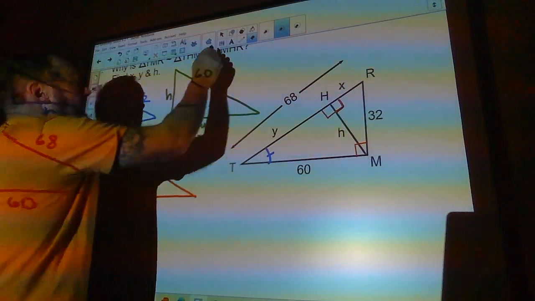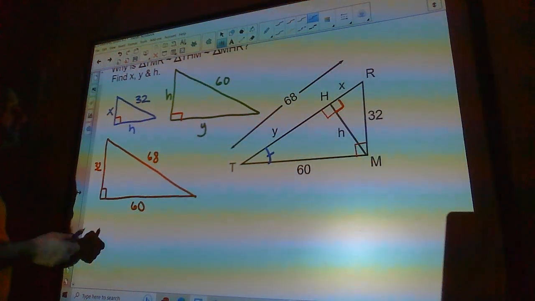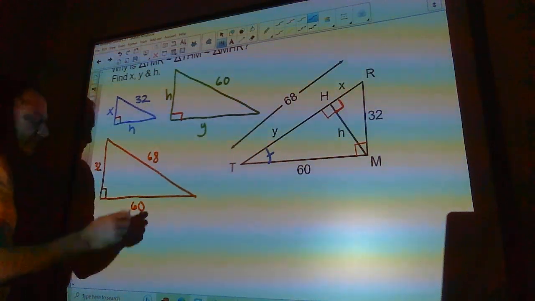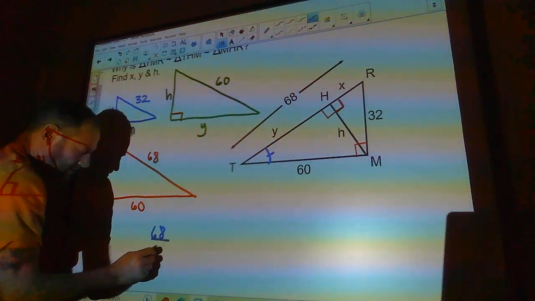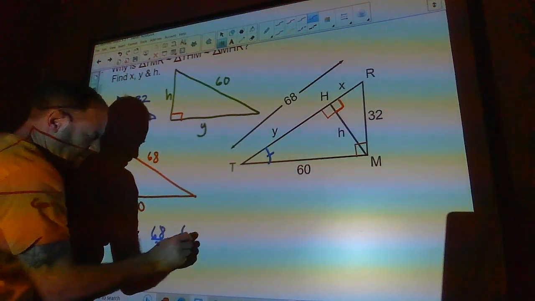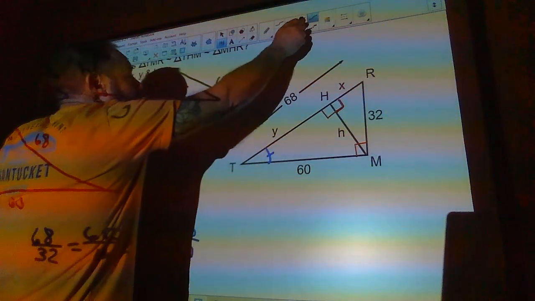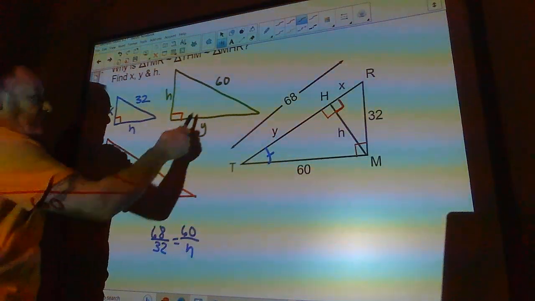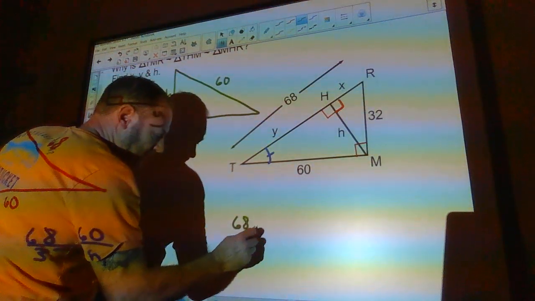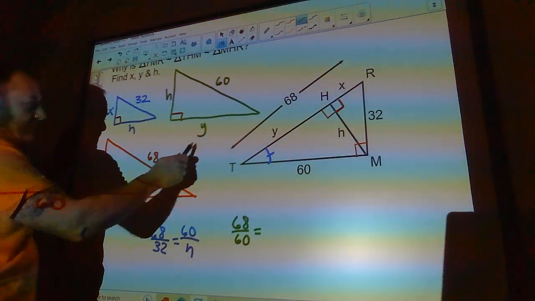Now, they're similar, so the sides are all proportional. So I know that 68 is to 32 as 60 is to h. So now I can solve for h. I know that 68 is to 60 as 60 is to y.